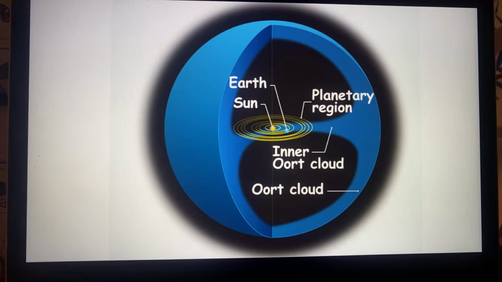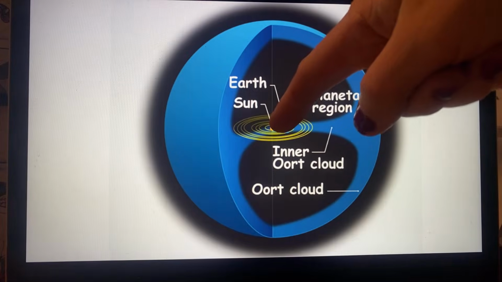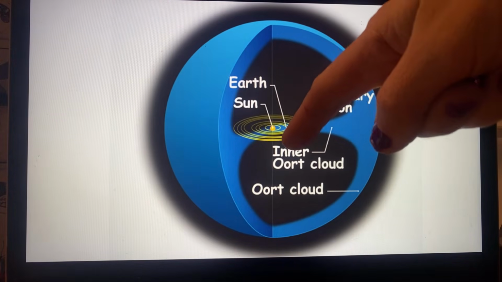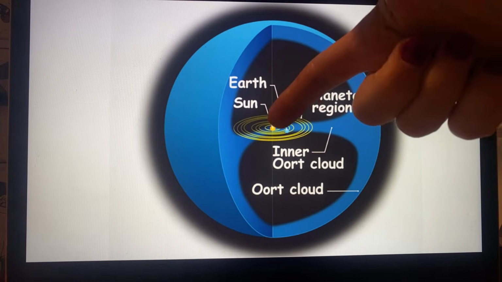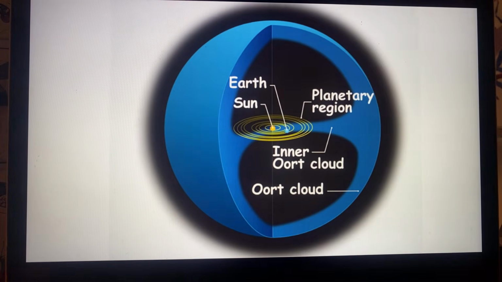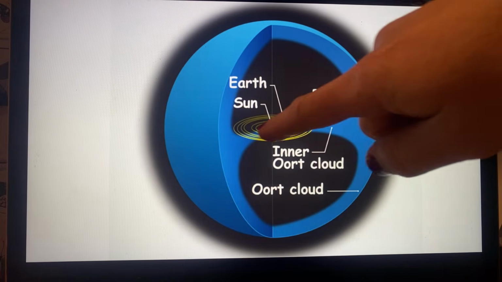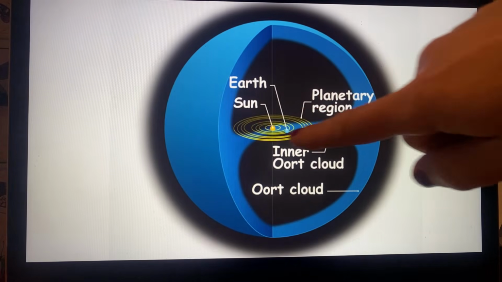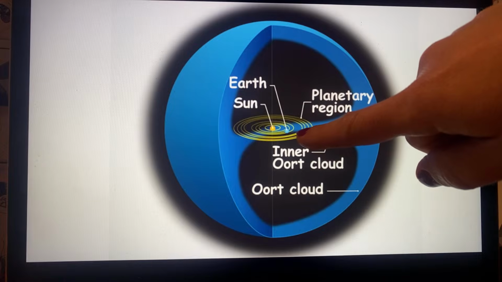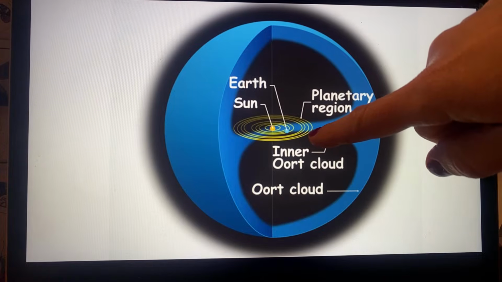Here is a picture of the Oort cloud. Behold and be staggered. So, the sun is in the centre of the solar system. It's the system around the sun. So Earth is orbiting the sun. Obviously, we've talked about the planets, Mercury, Venus, Earth, Mars, Jupiter, Saturn, Uranus, Neptune.